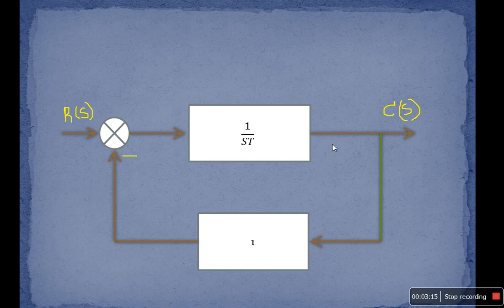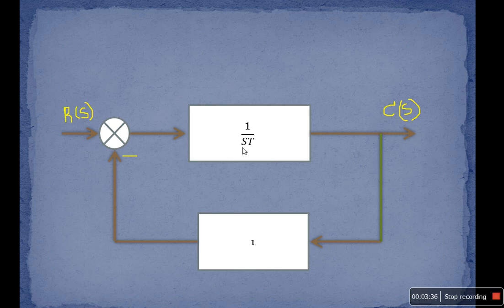If you want to write C of s by R of s for this system, this is the negative feedback system. C of s by R of s equals forward path gain divided by 1 plus forward path gain into feedback path gain. Here the forward path gain is 1 by s tau and the feedback path gain is 1.